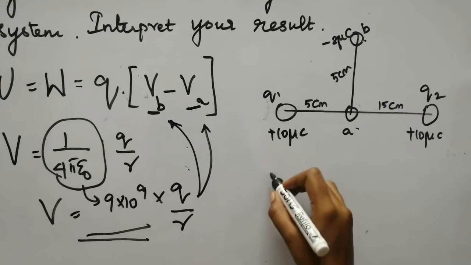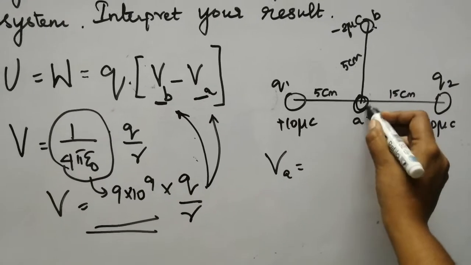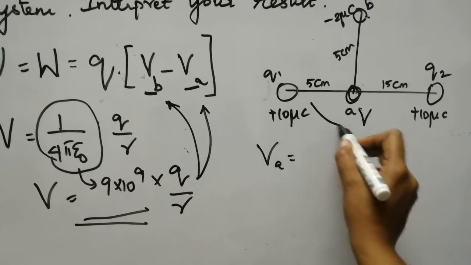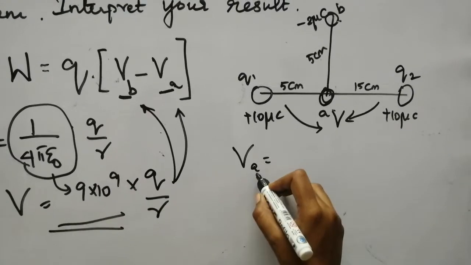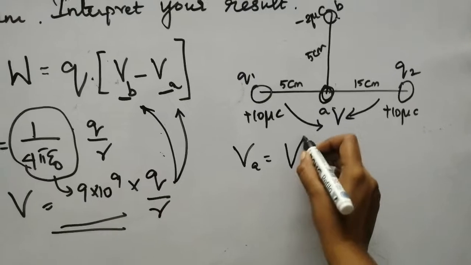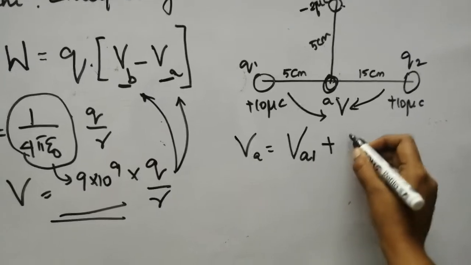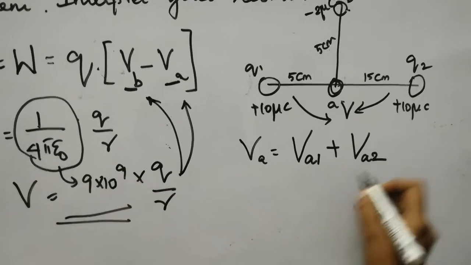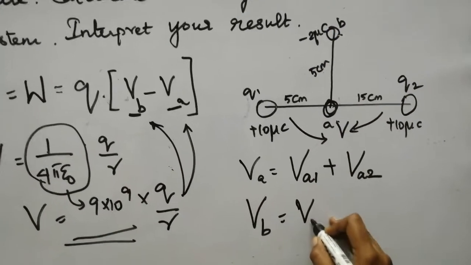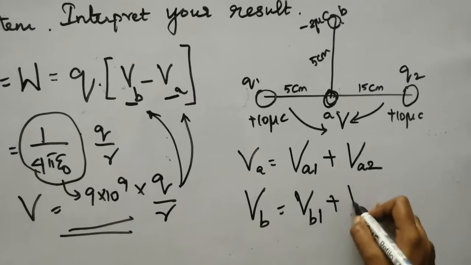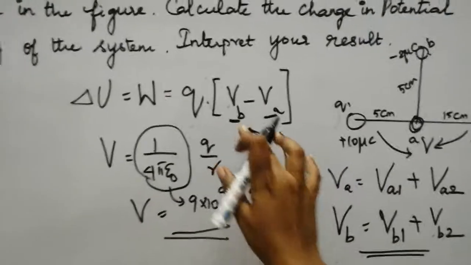For VA, we find the potential at point A due to the charge Q1 and also due to the charge Q2, and add them up. Similarly, the potential at B is the potential at B due to charge 1 plus the potential at B due to charge 2. Then substitute it here.